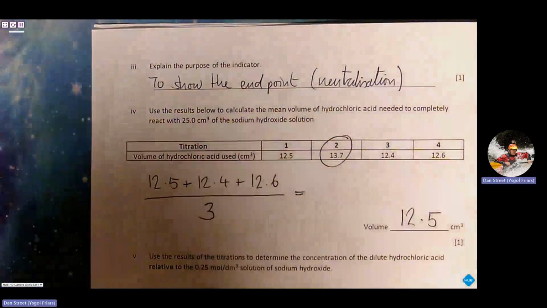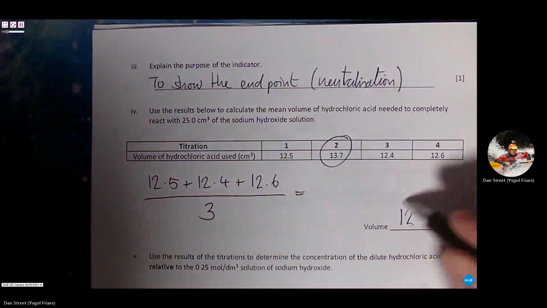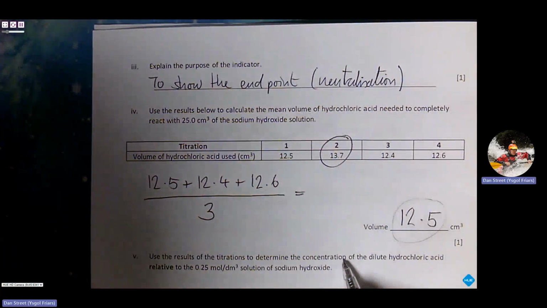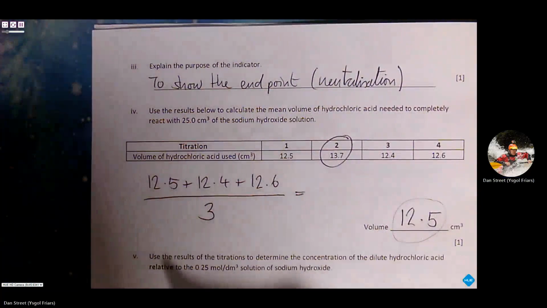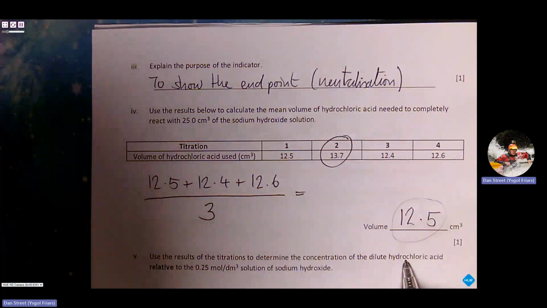And then the final question says, use the results of the titrations. Okay, so that's the 12.5, and the concentration of dilute hydrochloric acid relative to the 0.25 mole per decimeter cube of sodium hydroxide. So we're looking to find the concentration of the hydrochloric acid.